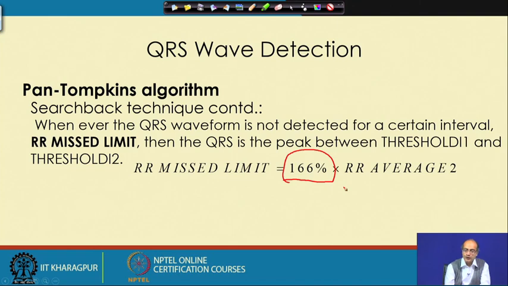If still we do not get that R peak, that means we are sure that we have missed that R peak, because the heart cannot stop beating that long, or the frequency cannot go down that low. So, we should go for the threshold 2 and take that peak above that threshold.